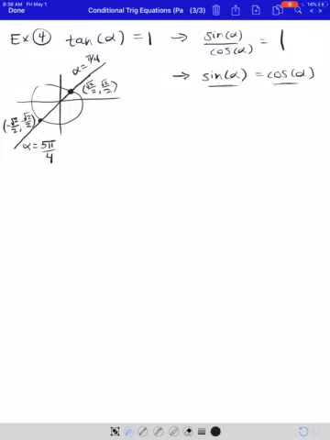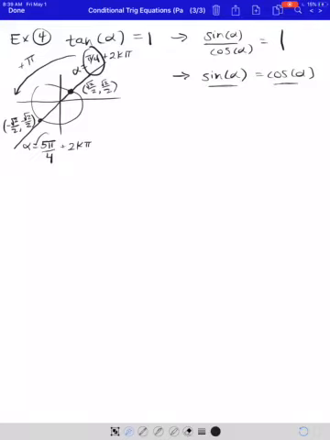And so one way to describe all of our solutions is we can take these two angles and just simply add 2k pi to each of them and then put them in our set notation and we would be done. Or there's a trick we can use for this one. Notice if we start at pi over 4, and instead of adding 2k pi, what if we just add pi?